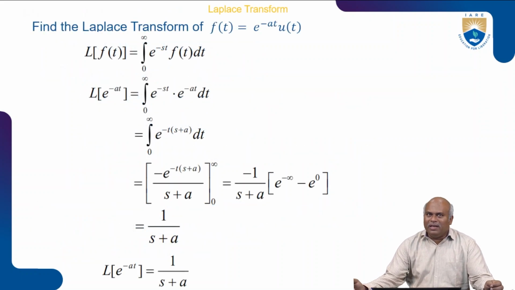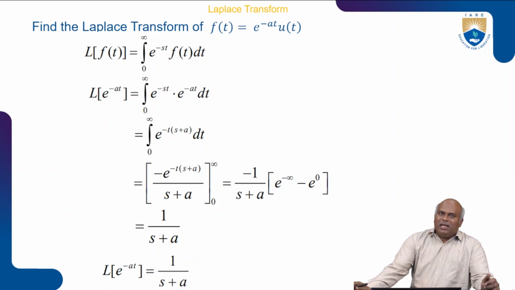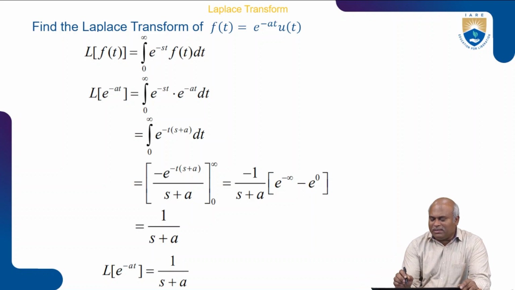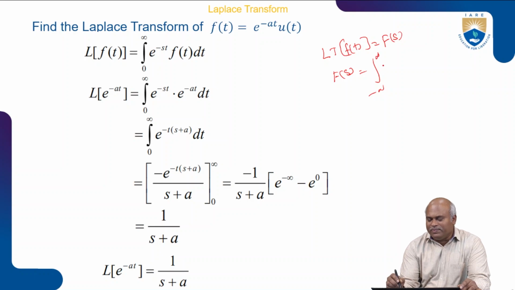For an example of the Laplace transform, first I should find the Laplace transform of f of t equal to e power minus at u of t. The Laplace transform F of s equals the integration from minus infinity to plus infinity of f of t e power minus st dt.